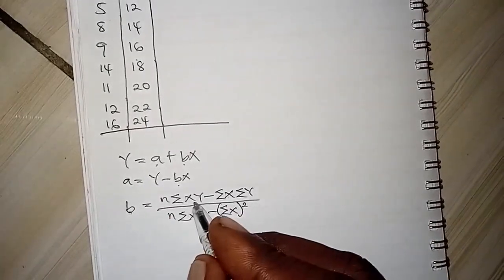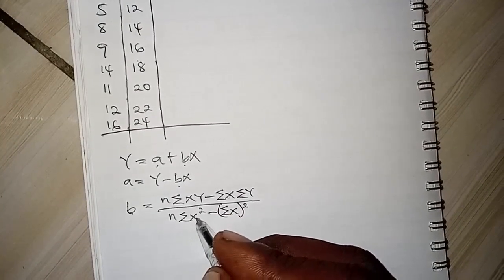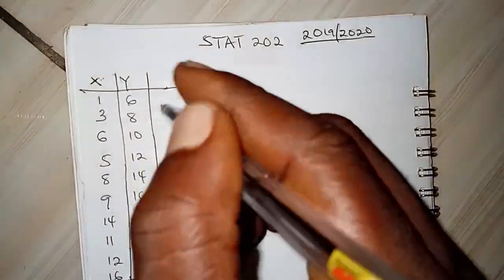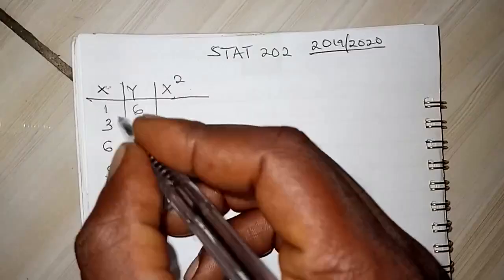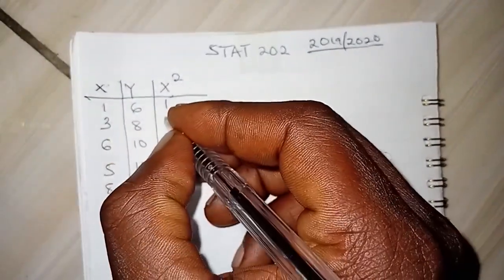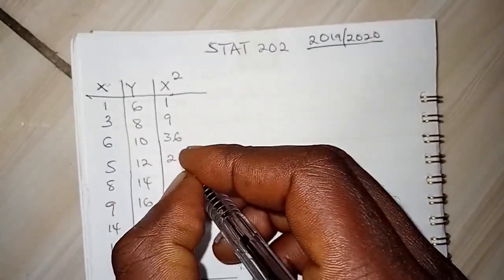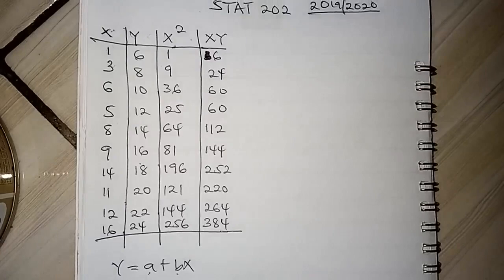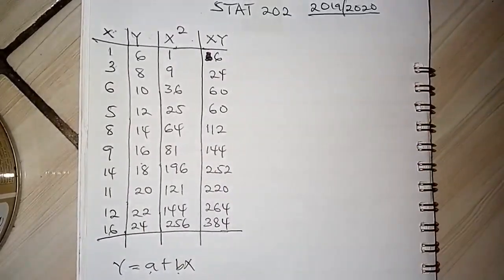So it means we need to develop a column for xy and a column for x squared. This is x, and we need to get x squared. 1 squared is 1, 3 squared is 9, 6 squared is 36, 5 squared is 25. So we've developed x squared, and we develop xy.